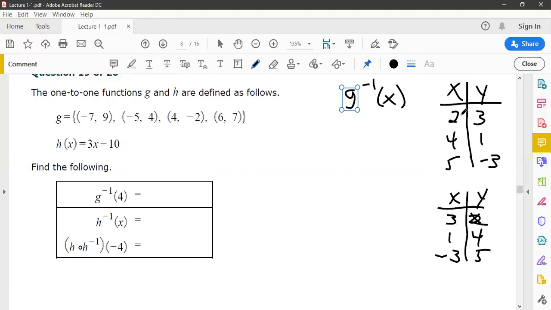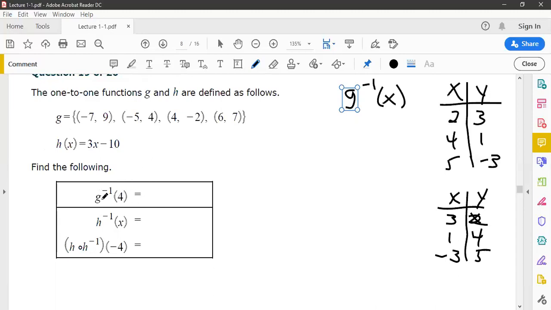Okay, so now it gave us ordered pairs, or a function written as ordered pairs, and also a function written in the form of a linear function, 3x minus 10. Now it's asking us to find the inverse of g of 4. So remember, x and y switch places.